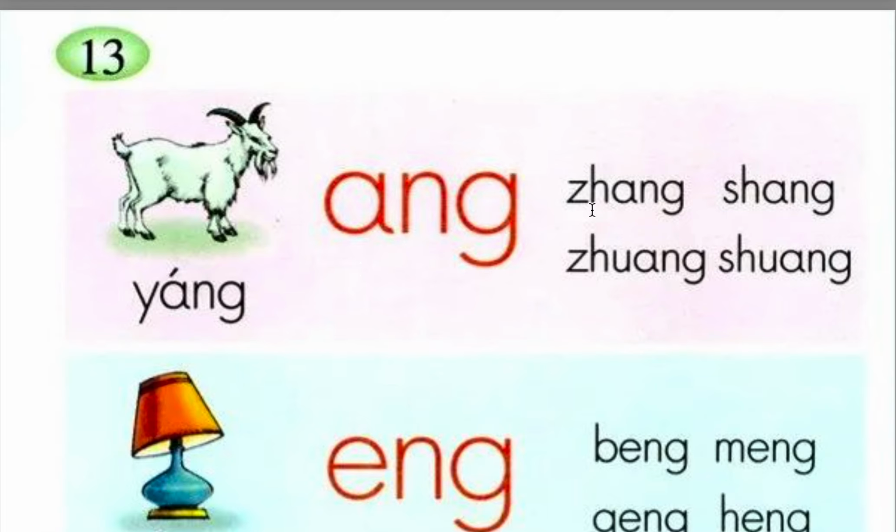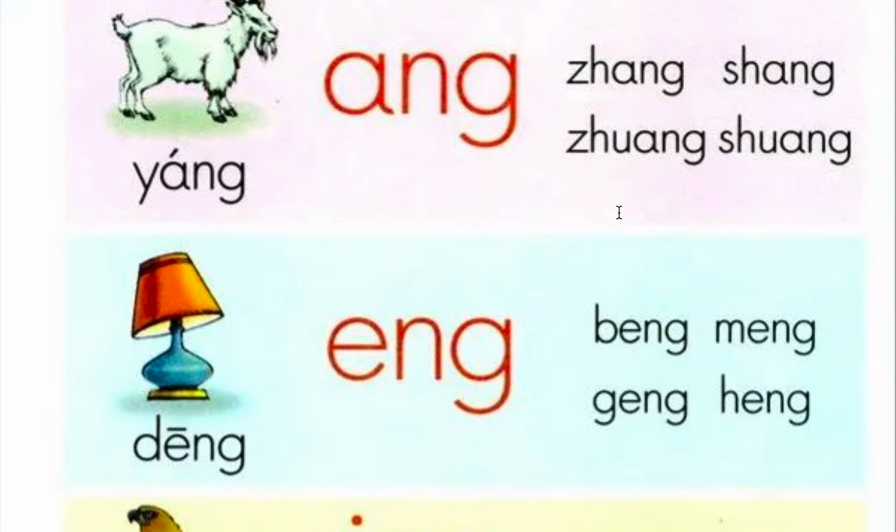So let's do this together. Spell these four: zhang, shang, zhuang, shuang. So E and G would be eng. It's a little bit different than en. It also sounds almost the same, but this one will have the back of the nose feeling.